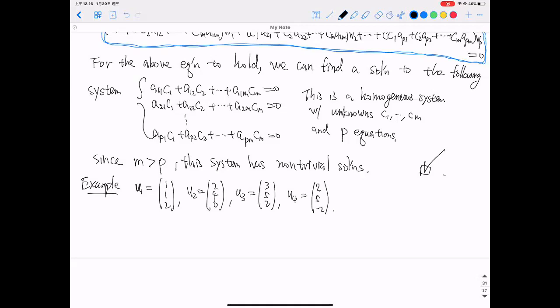So W is the span of U1, U2, U3, U4 in R3. Find some bases and also find the dimension of W. That's a fair question, so let's think about how we do this.